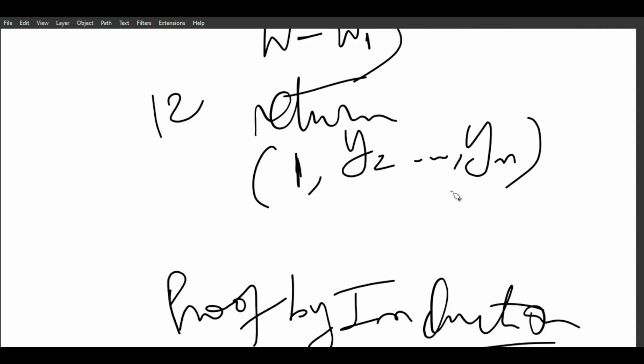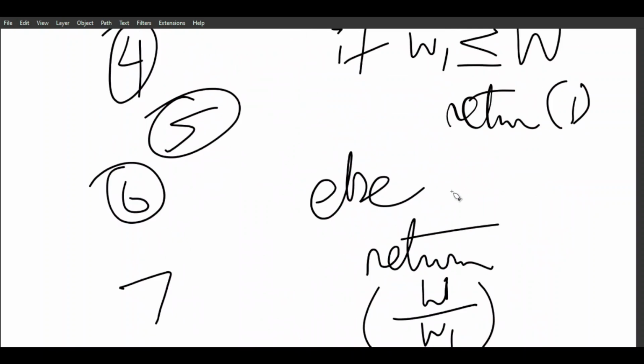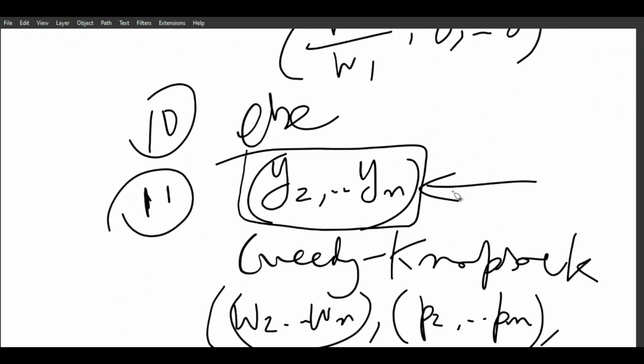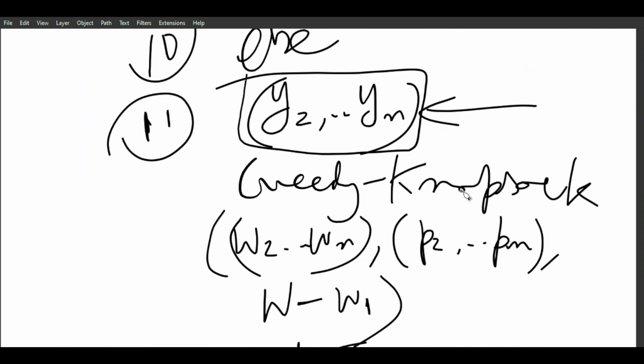If you see the algorithm, in step 11 we are solving the smaller subproblem, and our assumption is that this solution is optimal for the smaller subproblem. So this we use. Now how do we prove this greedy property? Our idea is simply to compare our solution with any other solution and show that our solution is better. So we use exchange. How we use exchange, we'll see.